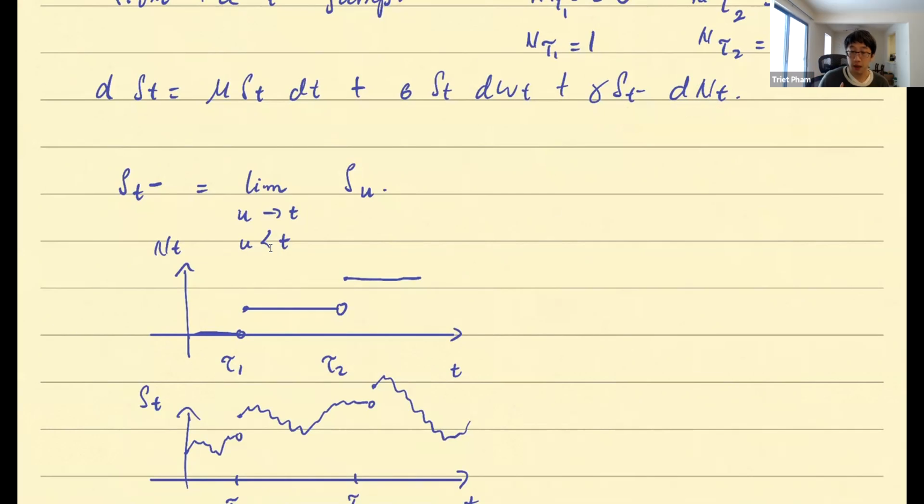Of course, this is unrealistic because sometimes stock jumps up, sometimes stock jumps down. We will discuss how to extend the model to allow for downward jumps. But for now, I'm just concerned with the mechanics of how to incorporate all this structure together. So let's just stick with upward jumps.